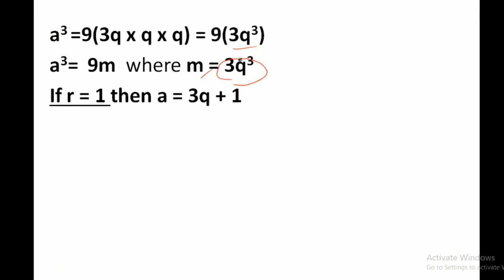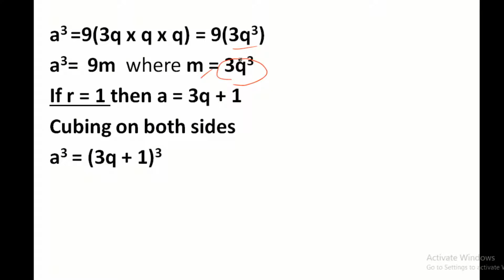What happens if r is equal to 1? Then a is equal to 3q plus 1. Similarly, we cube both sides, and here we are going to use a formula, since we have two terms: a plus b whole cube is equal to a cube plus 3a square b plus 3ab square plus b cube.